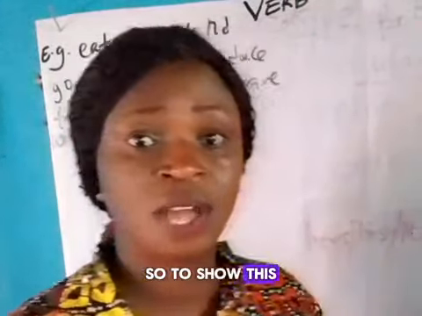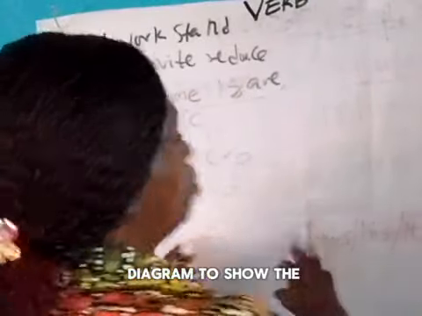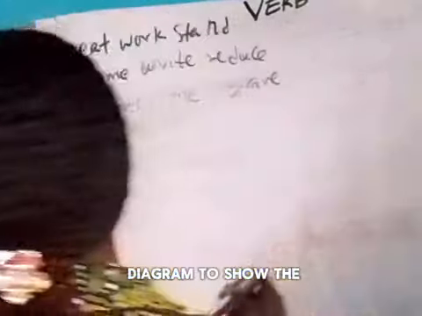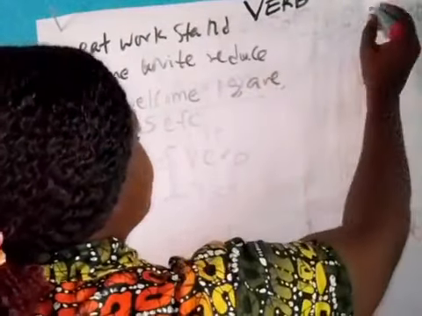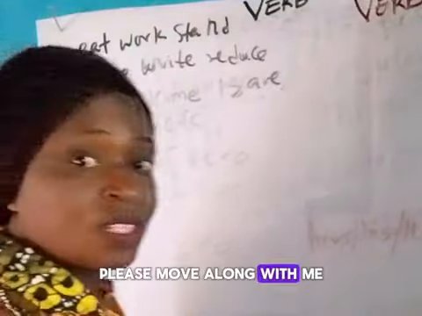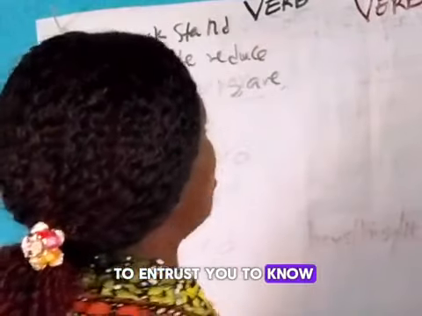So to show this, I would like to draw it in a diagram to show the forms of verb. Please move along with me.